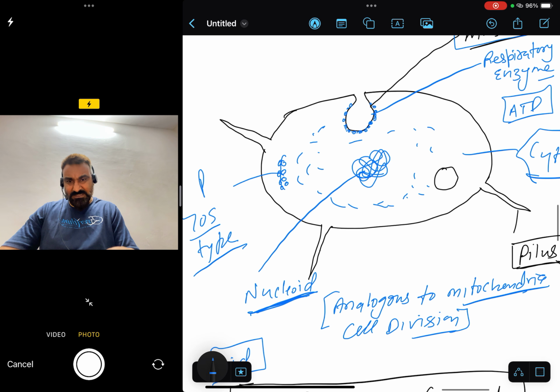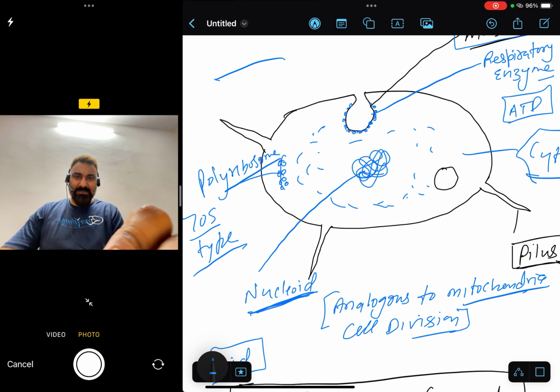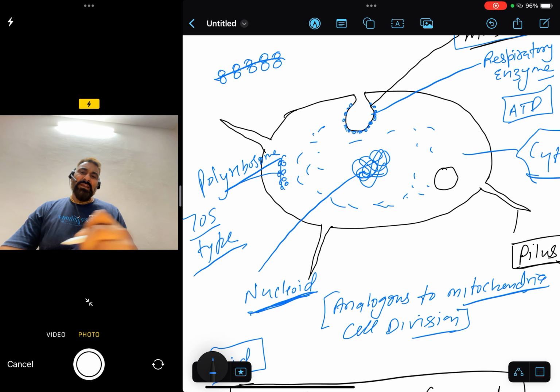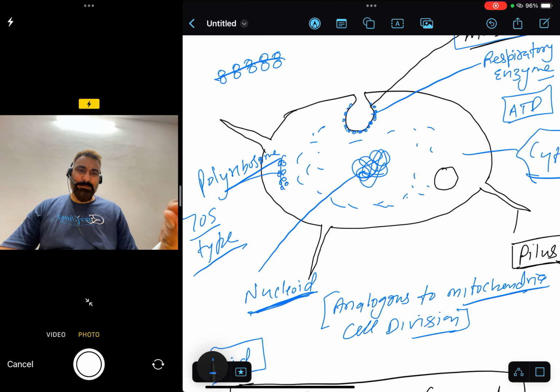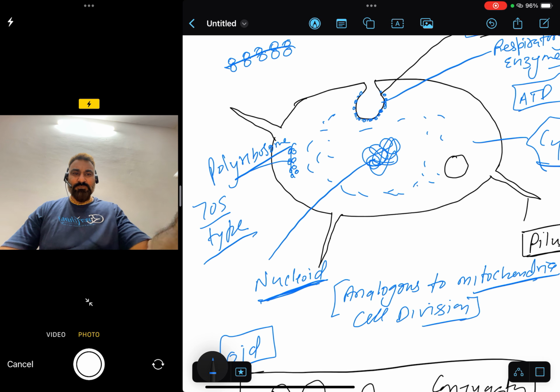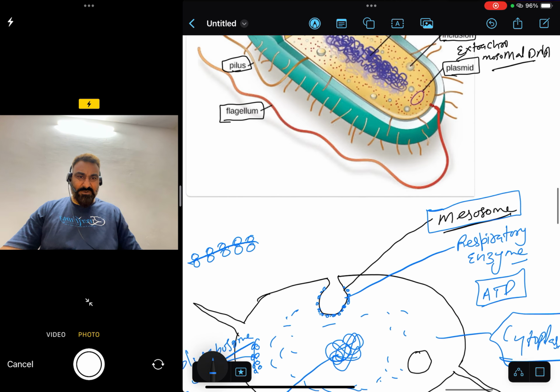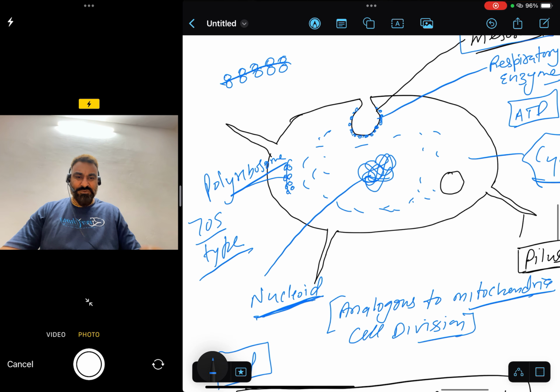This is known as polyribosome, meaning this is the mRNA on which many ribosomes are attached and perform protein synthesis. In such a condition it is known as polyribosome.